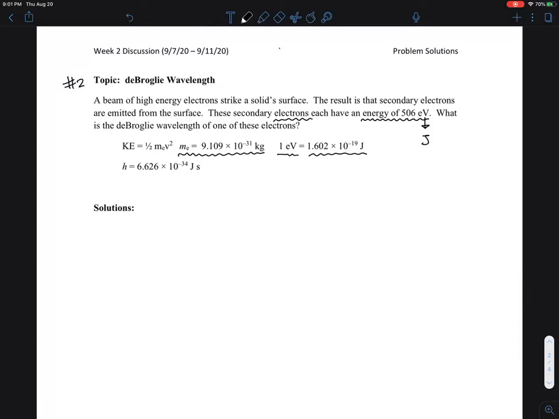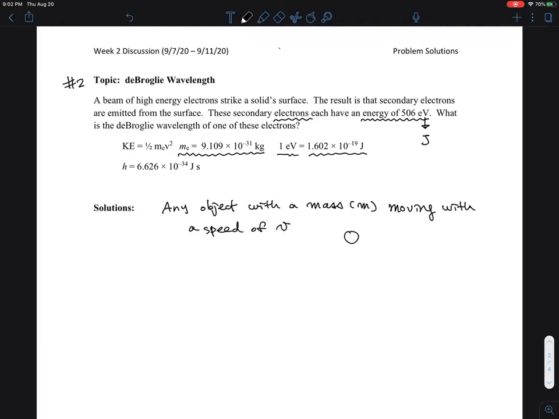The de Broglie wavelength is the idea that any object with a mass, let's say m, moving with a speed of v.